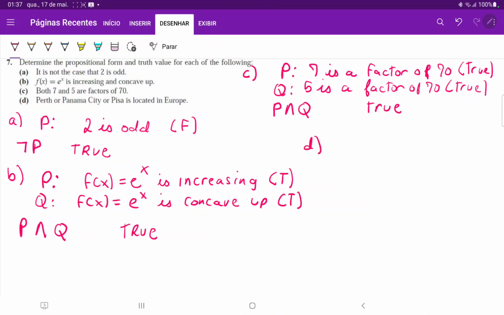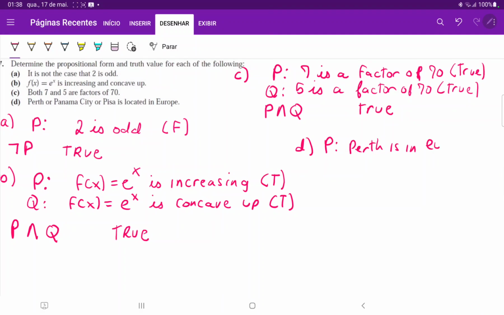Now, lastly, we have here the propositions: Perth or Panama City or Pisa is located in Europe. So for D, we have P, Perth is in Europe. So this is false.